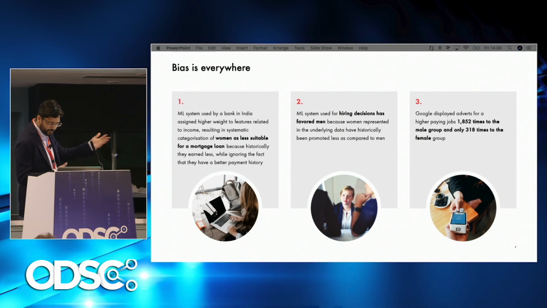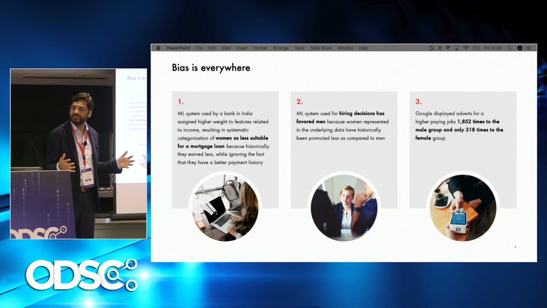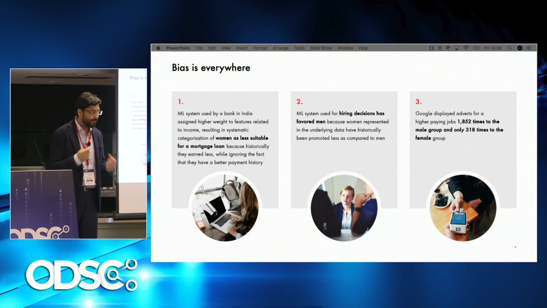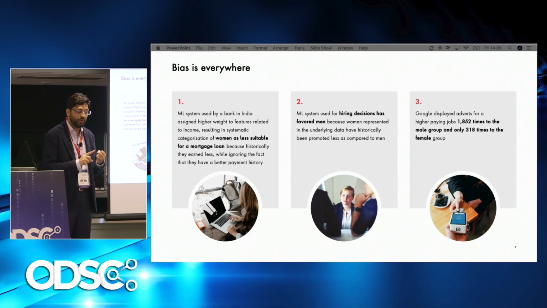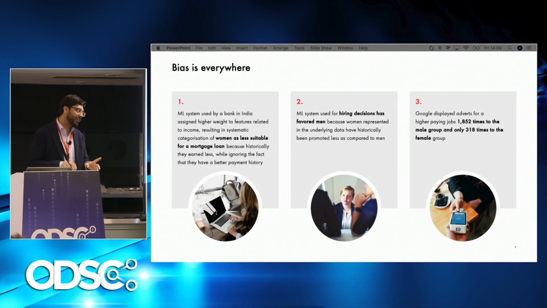Similarly, hiring decisions favored males. You must have heard about the Amazon fiasco, wherein any application which had the word male, woman, female, or lady was absolutely rejected by the algorithm. So even if you are a male and you write that you volunteered for all-women community service, your application would have got rejected.